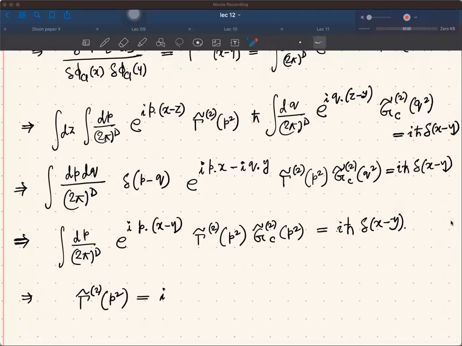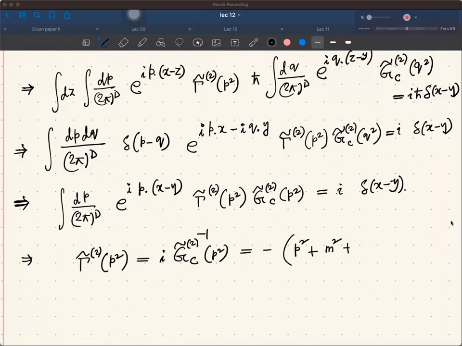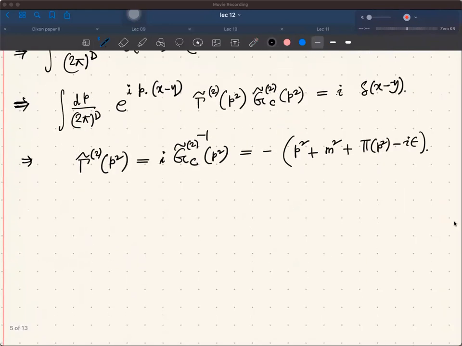So I should have only a factor of i here. So this is i times G̃_c inverse squared, which is given by minus p² plus m² plus Π(p²) minus iε. So you got the result for γ̃₂.